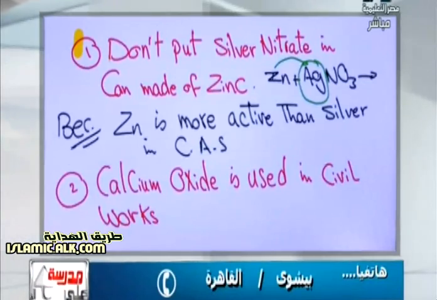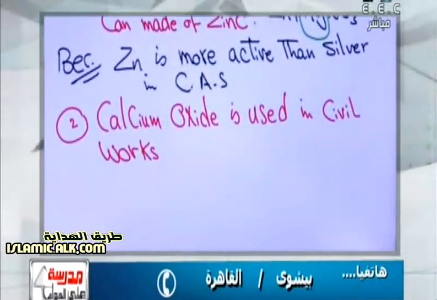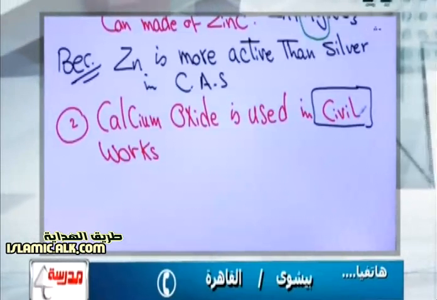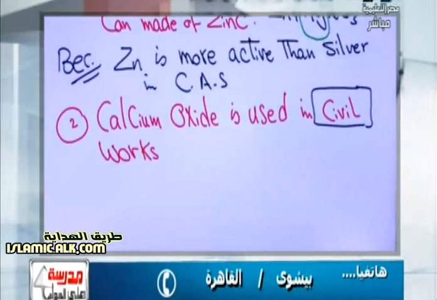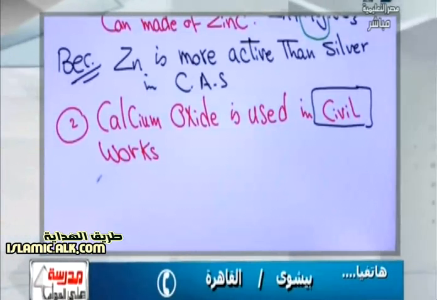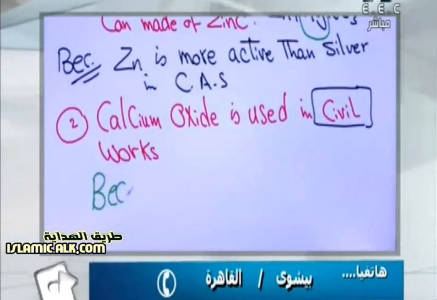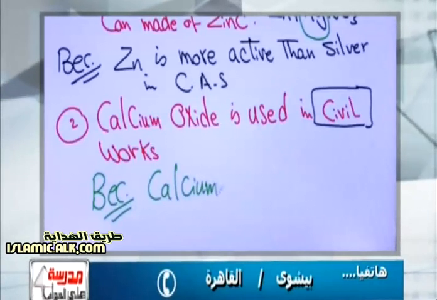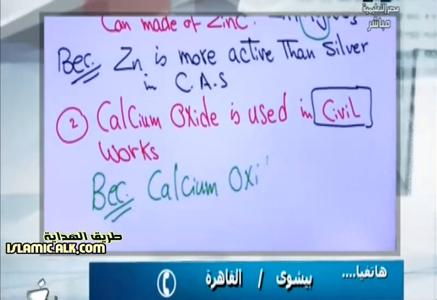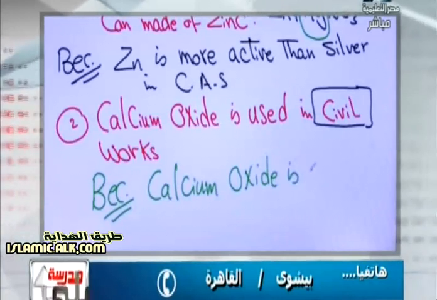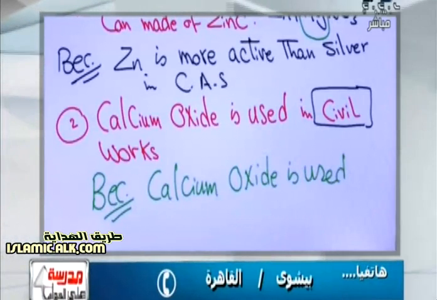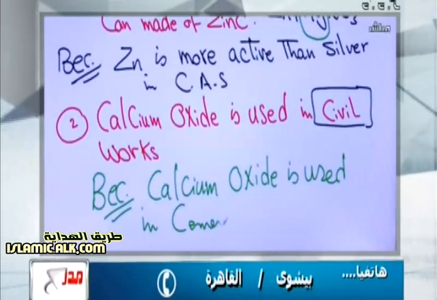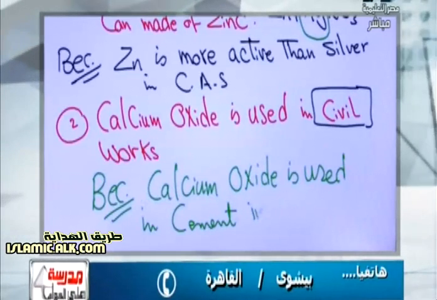Question number 2: calcium oxide is used in civil works. The word civil means buildings. So what is related to calcium oxide? The answer: because calcium oxide is used in the cement industry.